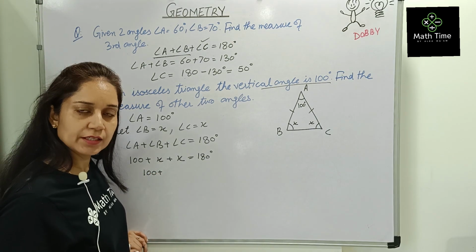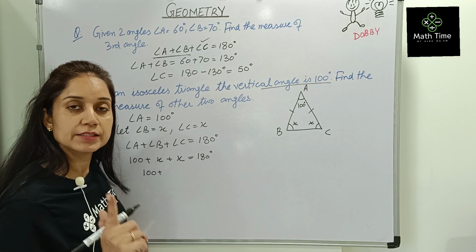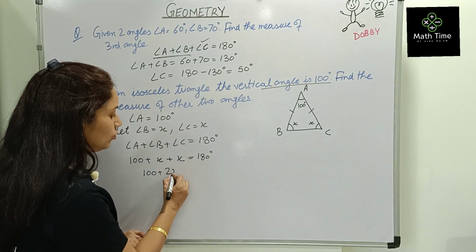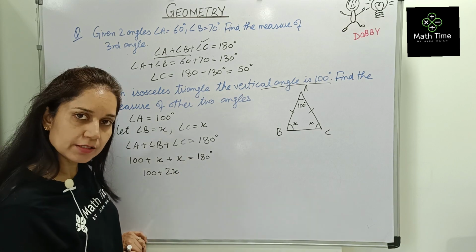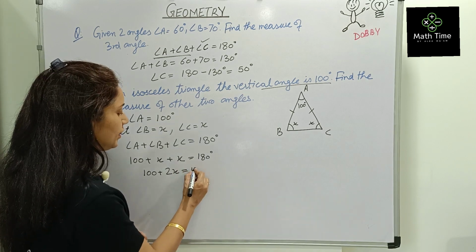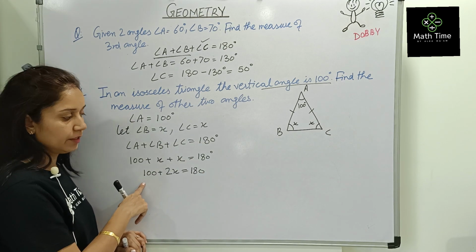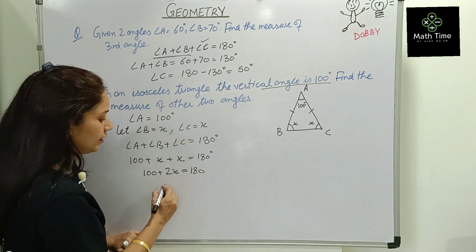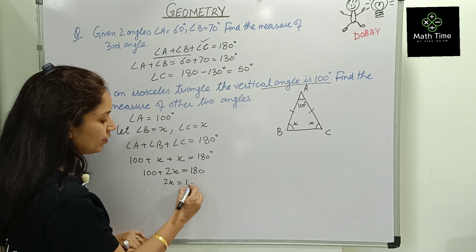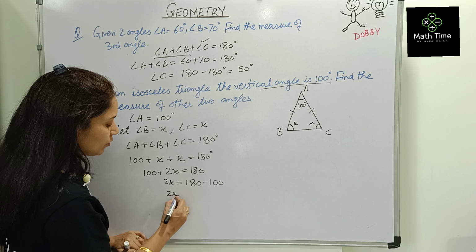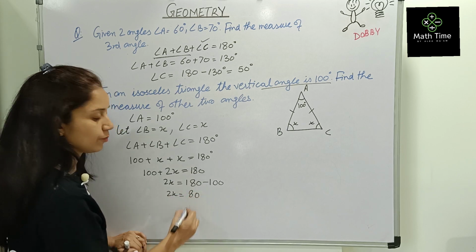How many times is x written? Two times x is written. That means x plus x equals 2x. So 100 plus 2x equals 180 degrees. Now 100 is on this side with a plus sign, it will go to the other side and turn into minus 100. 180 minus 100. So 2x equals 80.